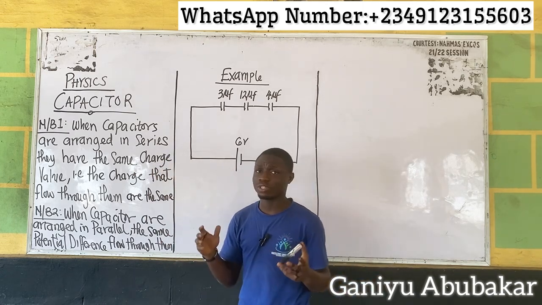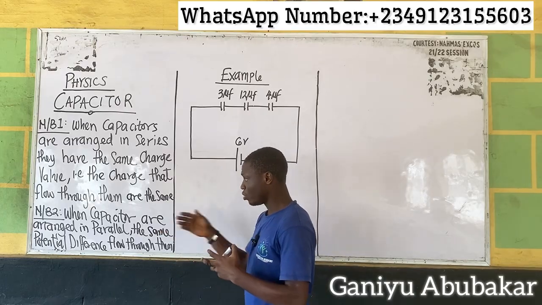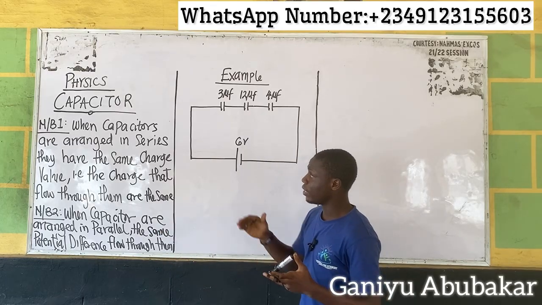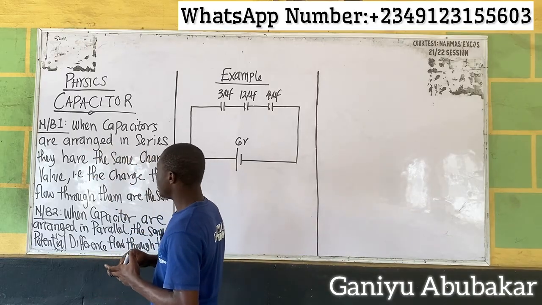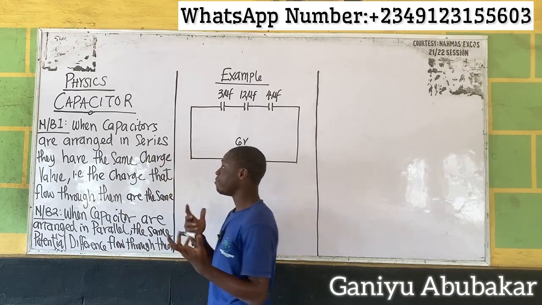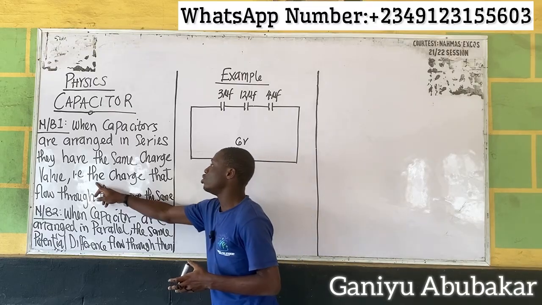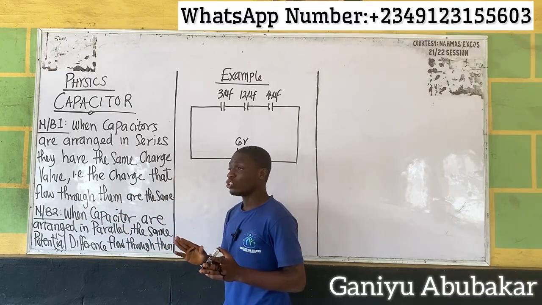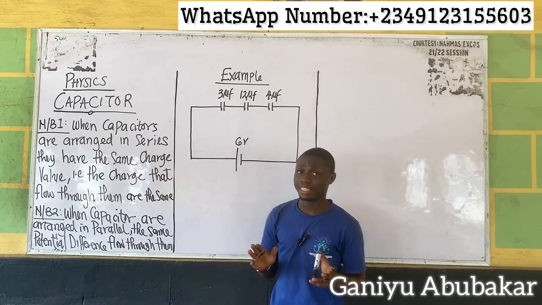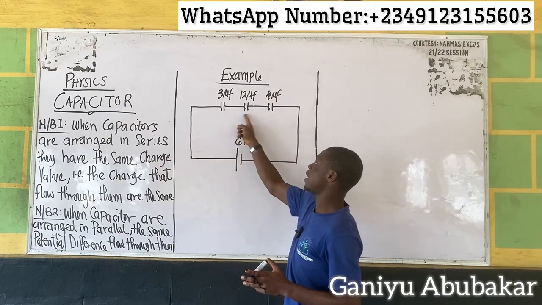When it comes to capacitor, there are two things to note. The first one is that when capacitors are arranged in series, they have the same charge value. That is, the charge that flows through them is the same. This is a series arrangement.